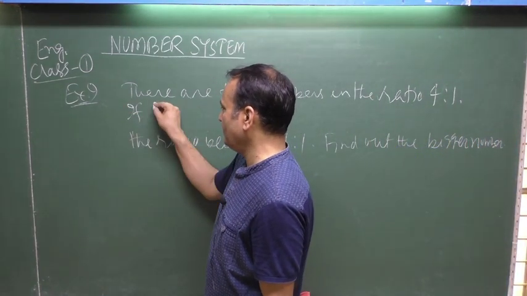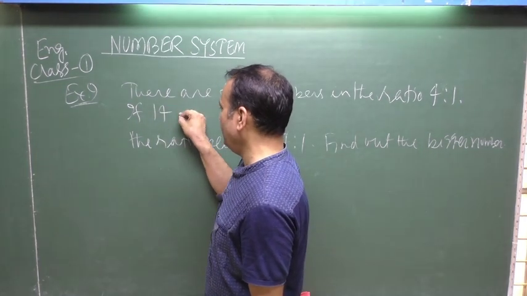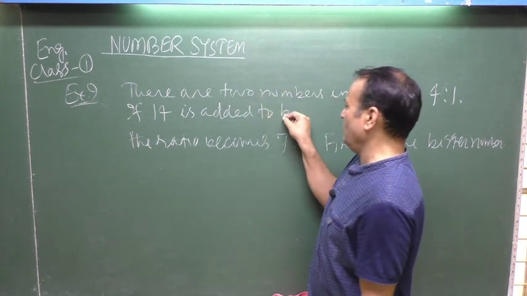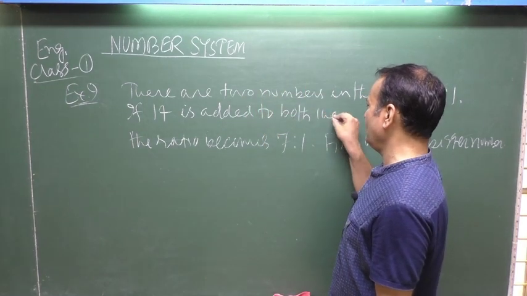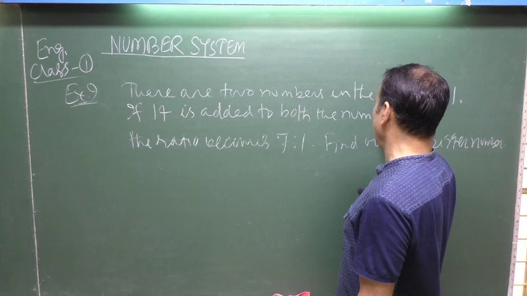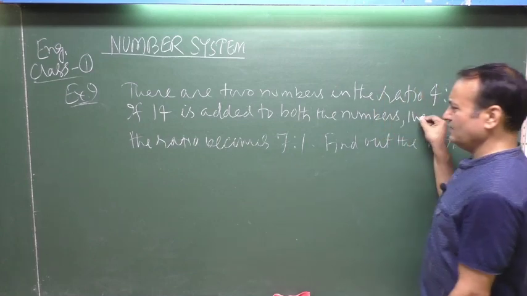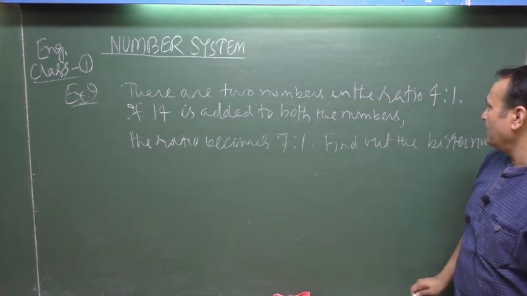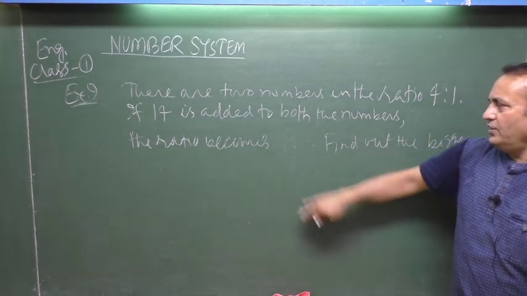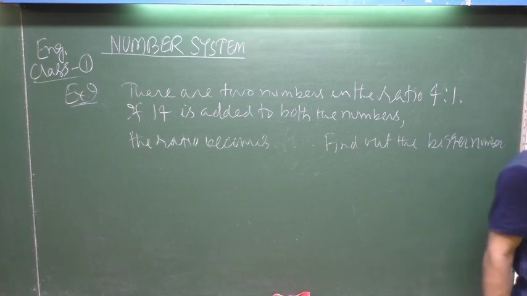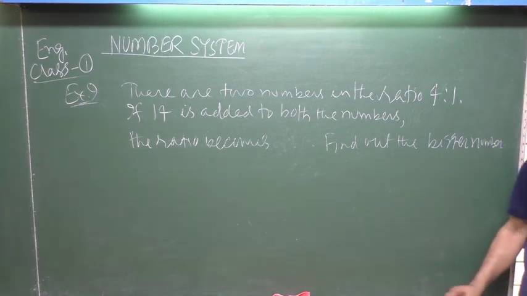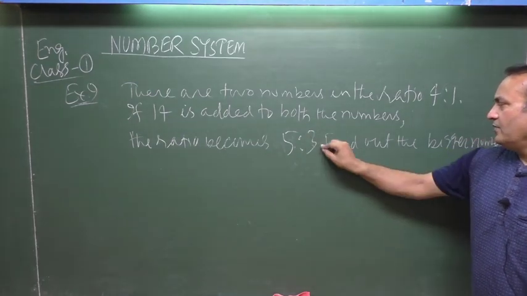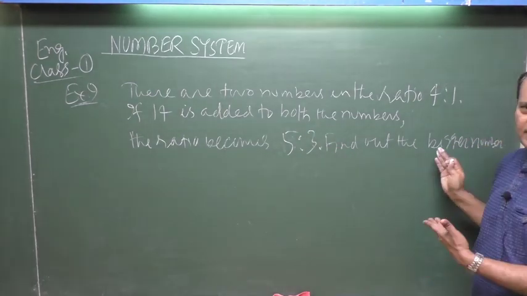If 14 is added to both the numbers, the ratio becomes 5:3. Find out the bigger number or the smaller.